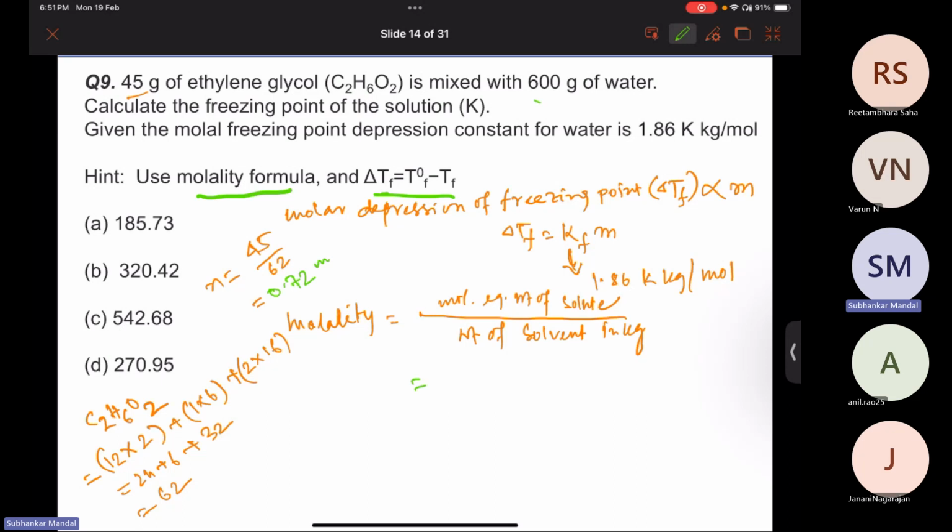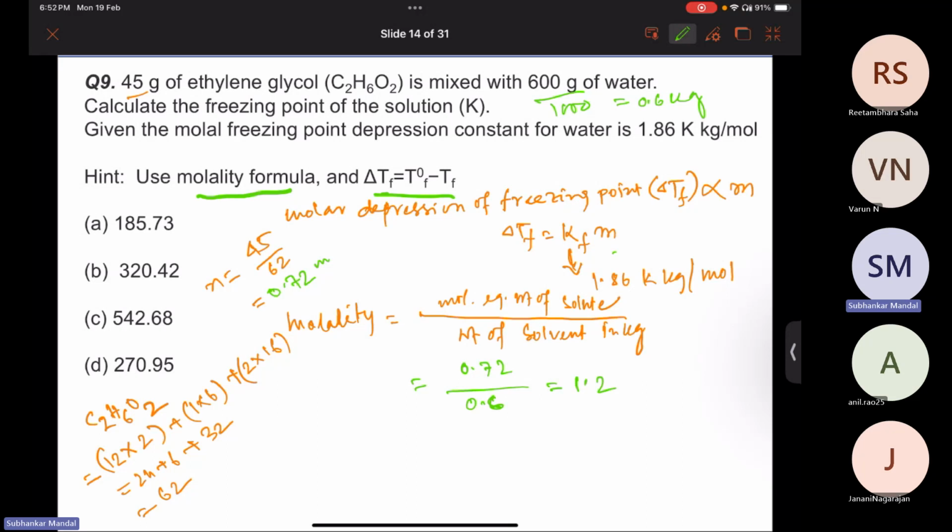And 600 gram divided by 1000 will be 0.6 kg, that is the weight of the solvent. So molality is 0.72 divided by 0.6. How much will it be? 1.2.